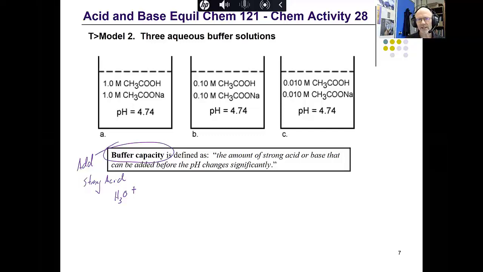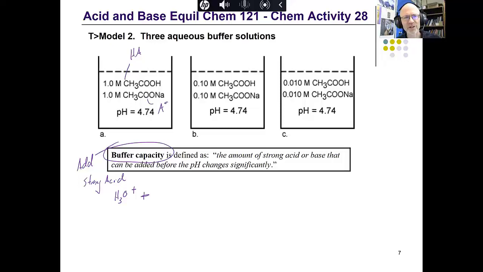Whereas if we add hydronium ion to a buffer system, there's something in the buffer that can react with that hydronium ion. So I'd like you to be thinking, what about in this buffer system? What's going to react with this hydronium ion? Will it be our conjugate acid, which we can represent as HA, or will it be our conjugate base?